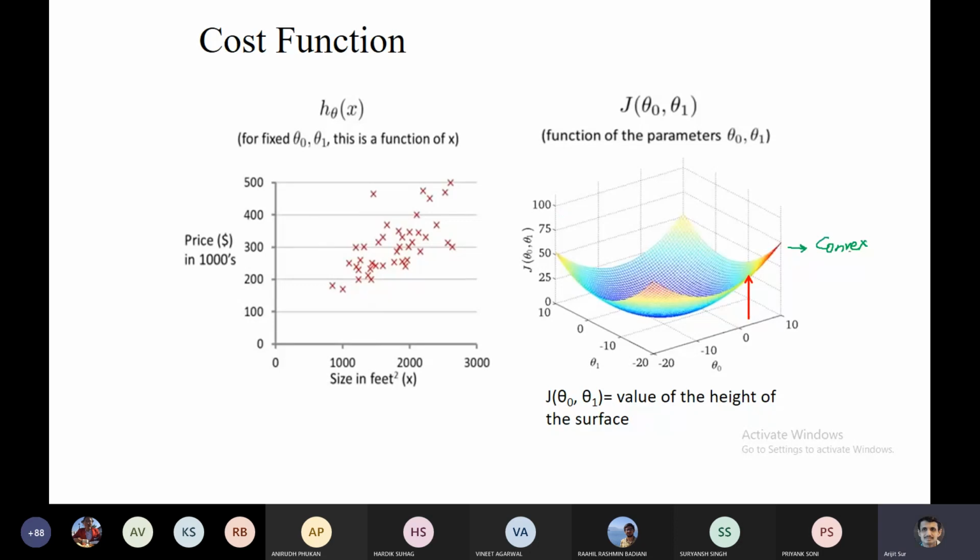Since it is convex, the local minimum is also the global minimum. You understand the usefulness of convexity, which we have studied very elaborately.